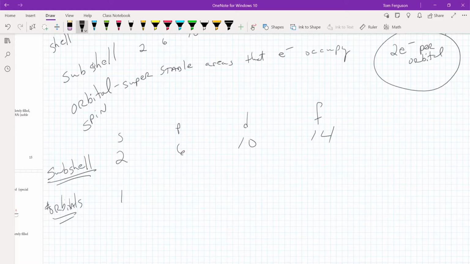Basically, you're asking yourself, how many 2s are in 2? 1. P, how many orbitals? 3. How many 2s are in 6? 3. How many 2s are in 10? How many 2s are in 14? So this is the number of orbitals that are allowed in subshells s, p, d, and f.